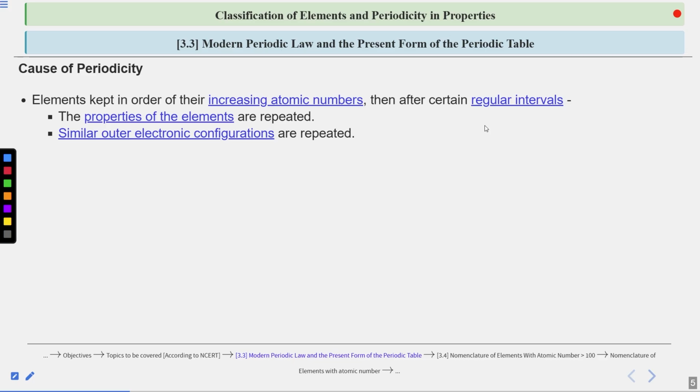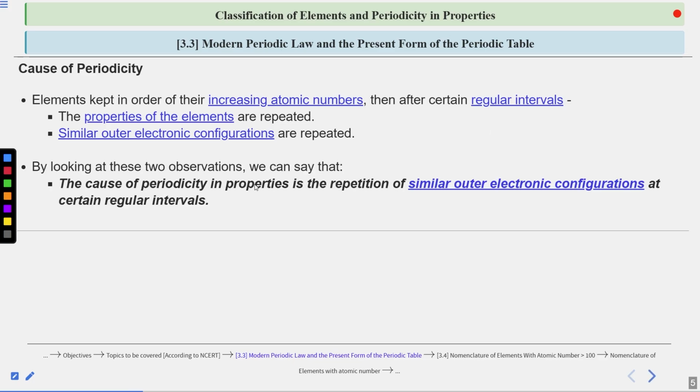Second, similar electronic configuration is seen for the outermost shell if they are placed in the same group. These two observations made it clear that the cause of periodicity lies in the atomic number and is due to the repetition of similar electronic configuration.